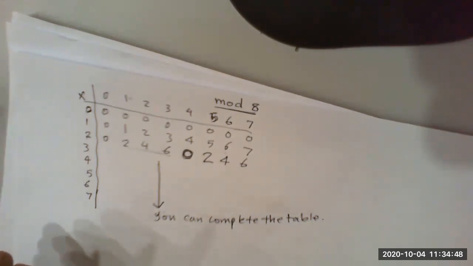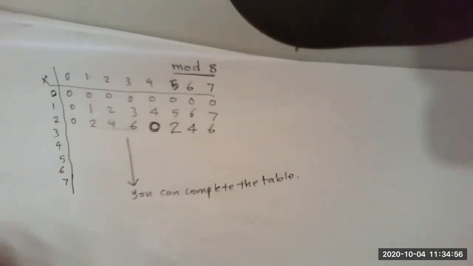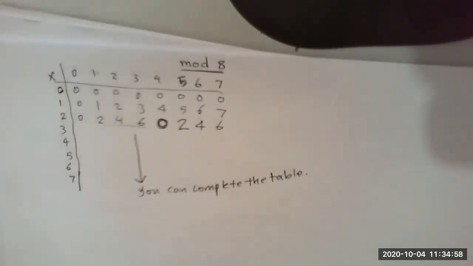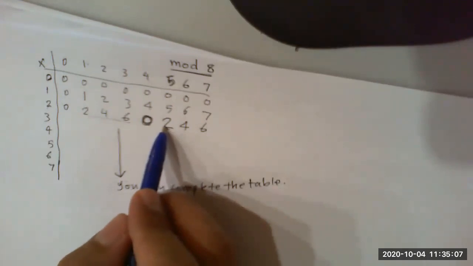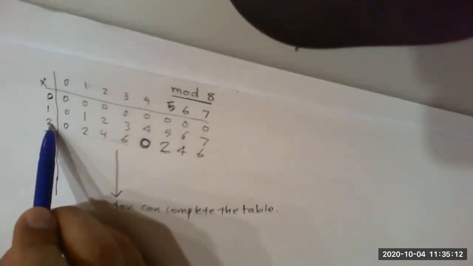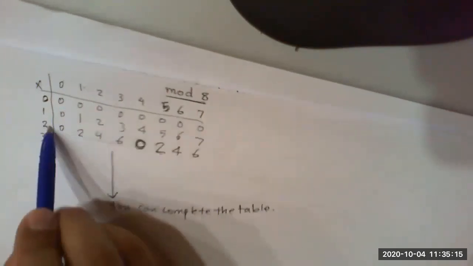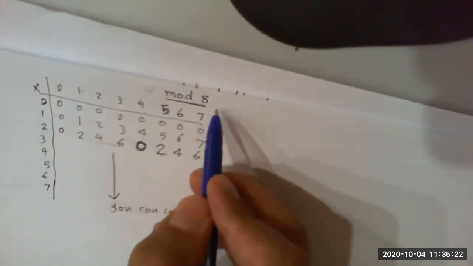Okay. Let me check. After 0, 2, 4, 6, how did we get it? This one here. If you multiply 2 by 5, 2 by 5 is 10. 10 mod 8 means the remainder after dividing 10 by 8.